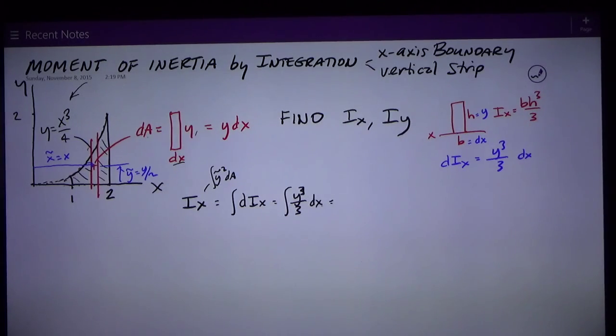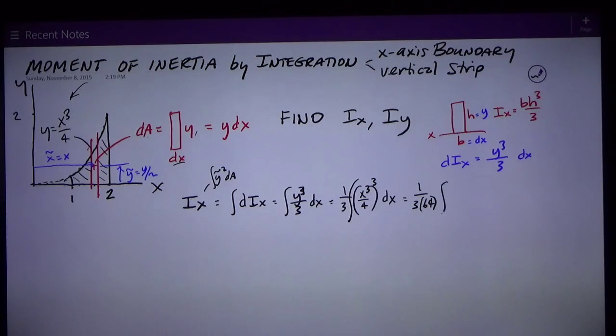In our case, y is equal to x cubed over 4. Let's take that 1/3 out of the integral because it's a constant, and I've got the integral of x cubed over 4, which is what y is equal to, but I've got to cube that, with respect to x, dx. 1/4 cubed is 1/64, so I get 1 over 3 times 64, another constant.